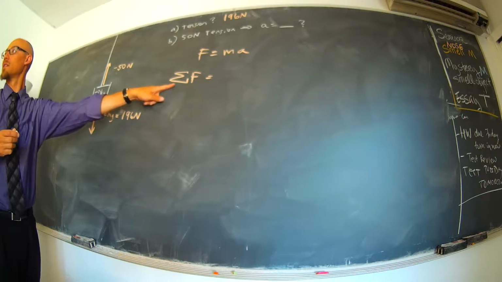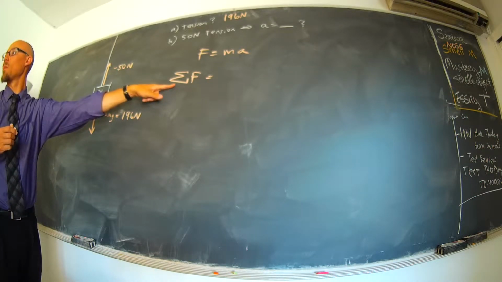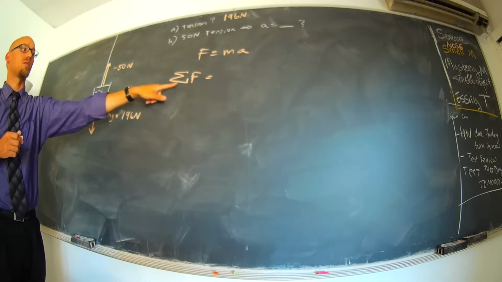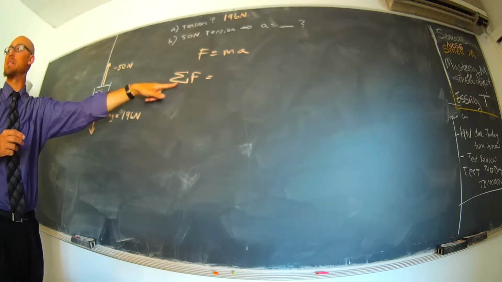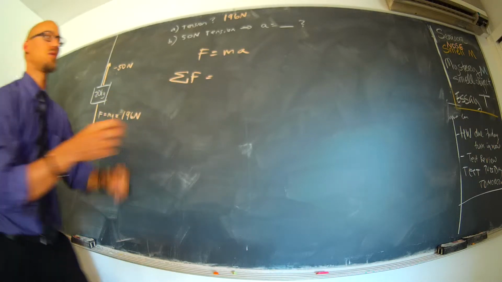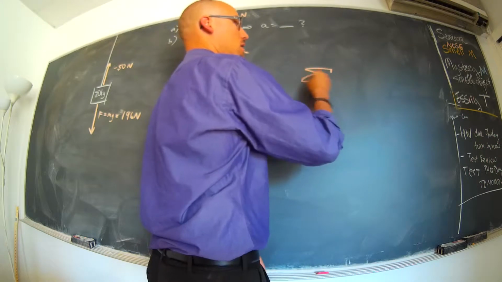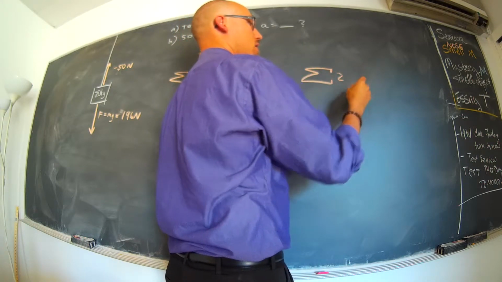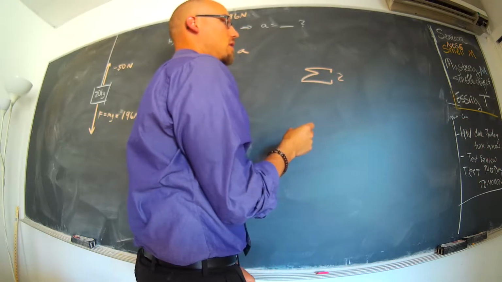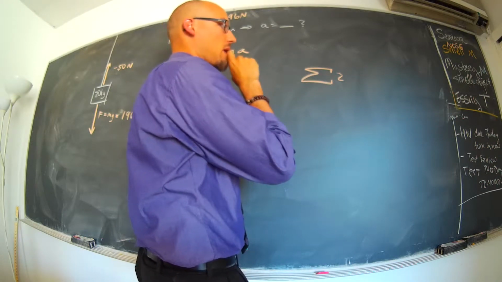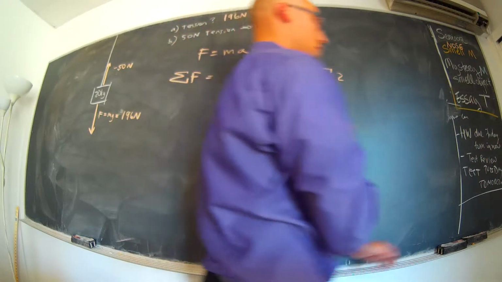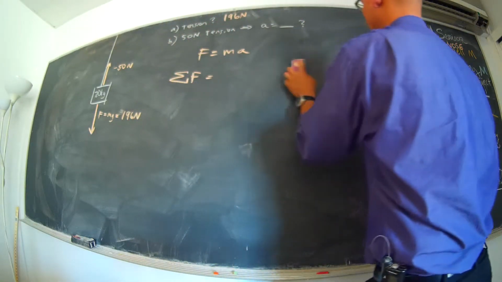Yeah, the sum of forces. Guess we didn't do any of that in algebra 2, did we? No, in pre-calc you'll see this sigma just means add stuff together. I don't know if I want to give you a whole lesson in this right now. It just means add stuff.